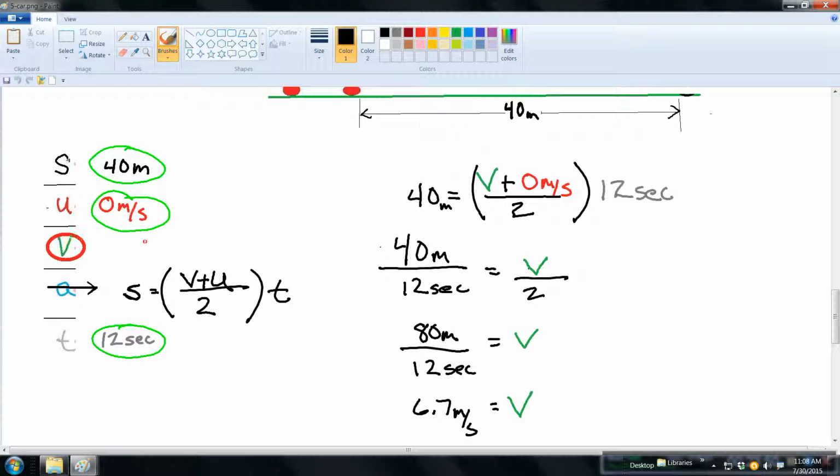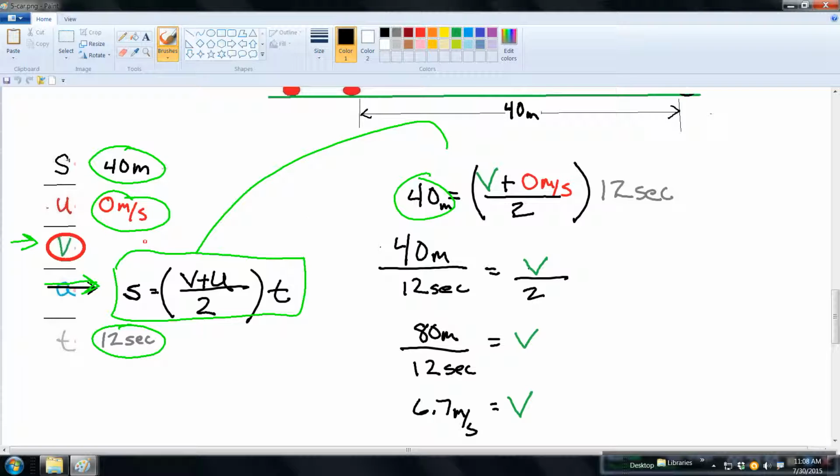Step 3 is circle the variable that we're interested in, and that's the final velocity. Step 4 is draw a line through the remaining variable, which is A, and the affiliated equation with that is this one. Okay, and so we're solving for V, so we're going to plug in our displacement, our initial velocity, and then our time.